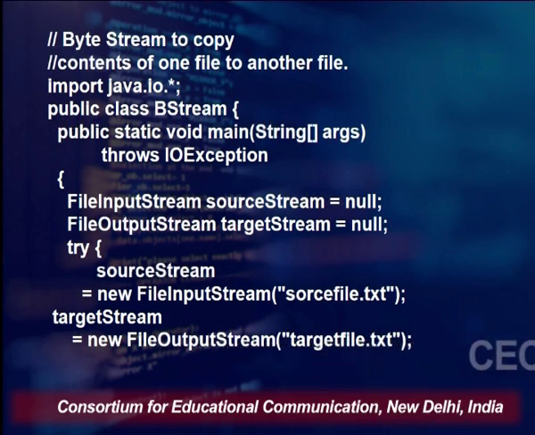So, public static void main. One thing to be noticed is that as we are using various functions and classes related to the byte stream, input and output, the functions used inside main may throw some kind of input output exception if they are not able to find the files, if the files with the names mentioned in your program do not exist, or even if your path is wrong.